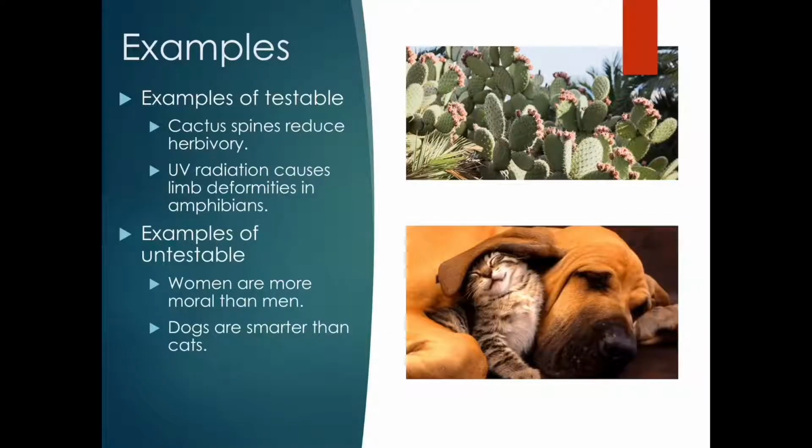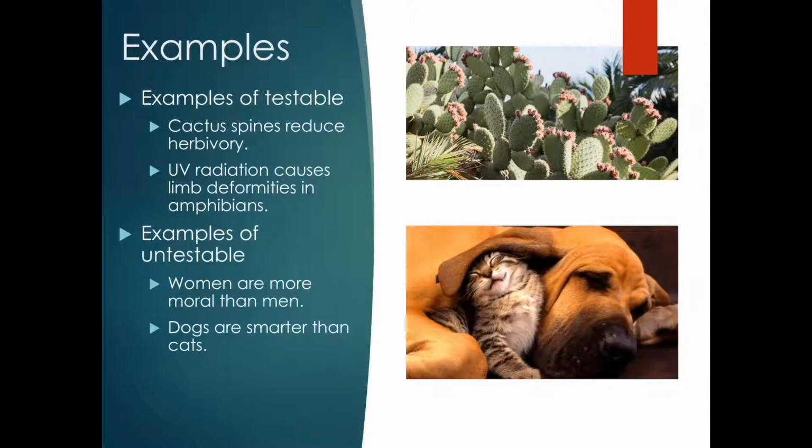Some examples of a testable hypothesis could be cacti have spines to reduce herbivory. So to reduce the fact that herbivores are eating them. UV radiation causes limb deformities in amphibians. We could do different types of tests to figure out if these things are true.